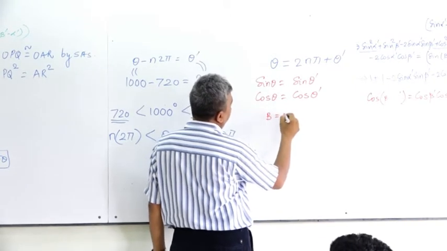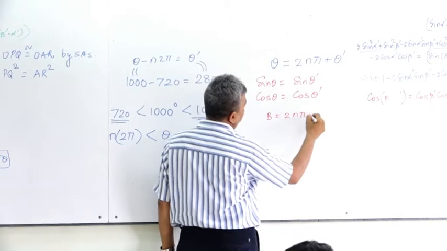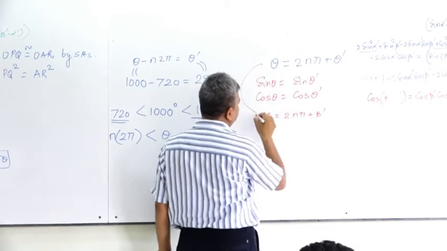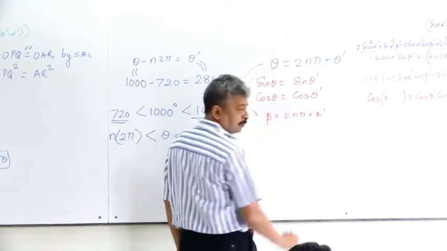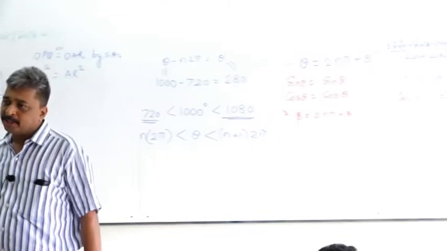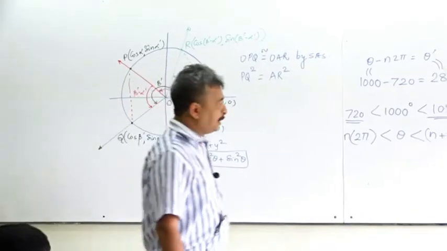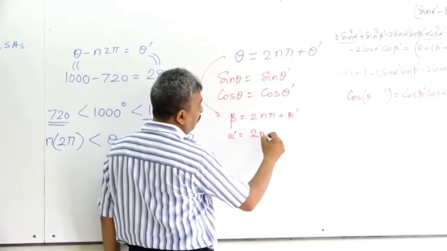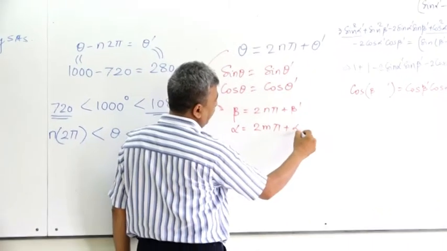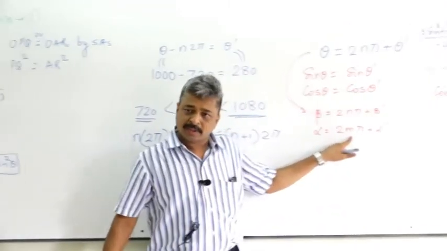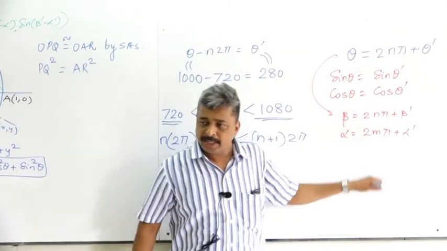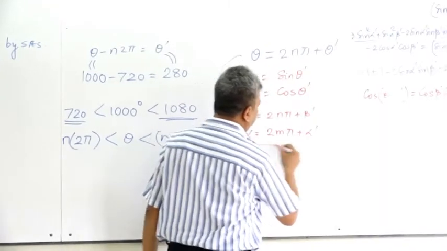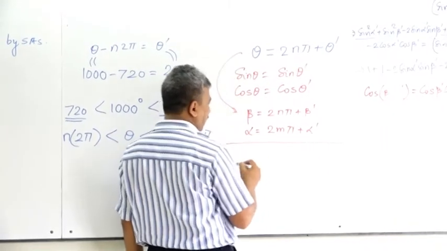Beta is equal to 2n pi plus beta dash. Exactly similarly, can I write alpha is equal to 2m pi plus alpha dash, with some other integer here, right? So now I am interested in finding out beta dash minus alpha dash.